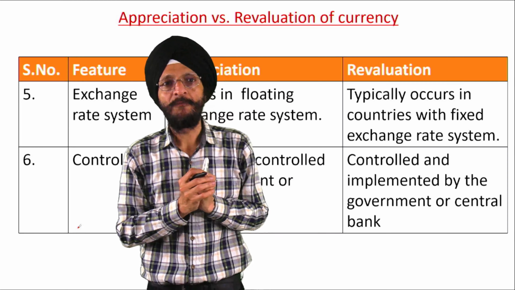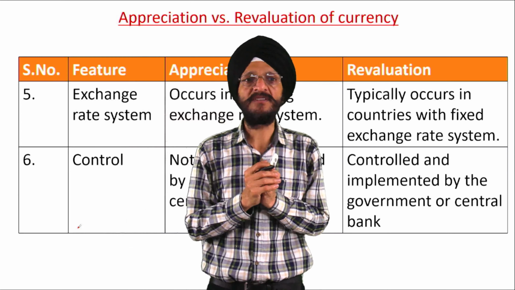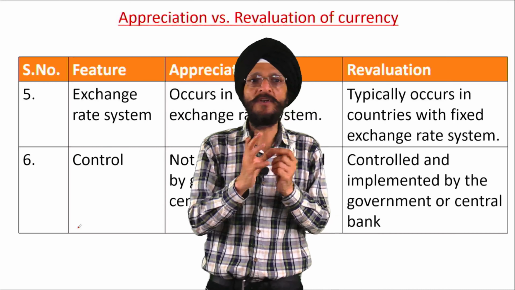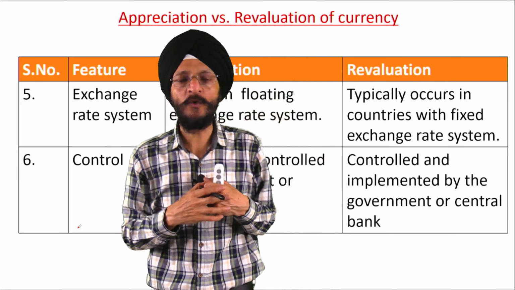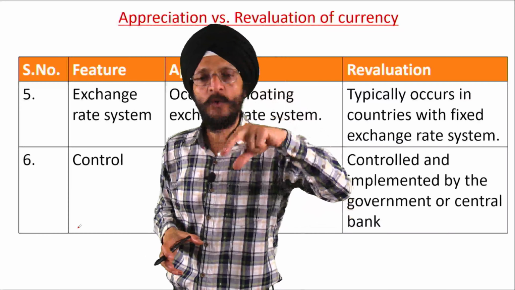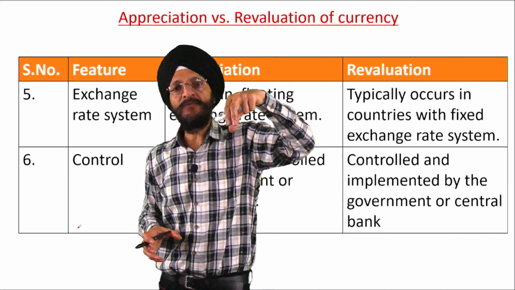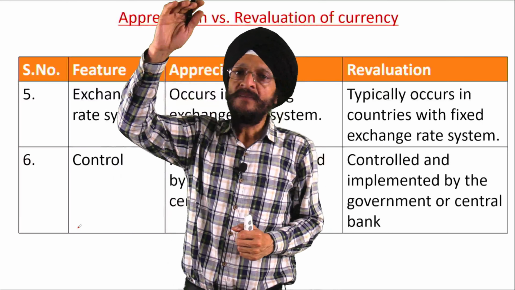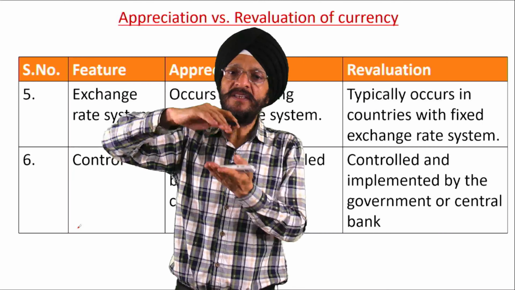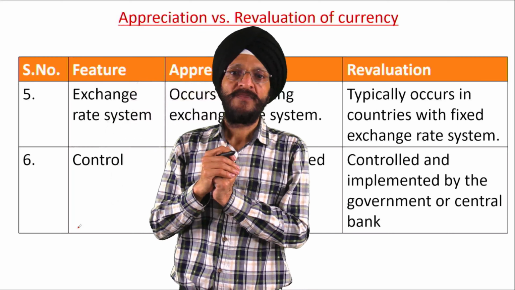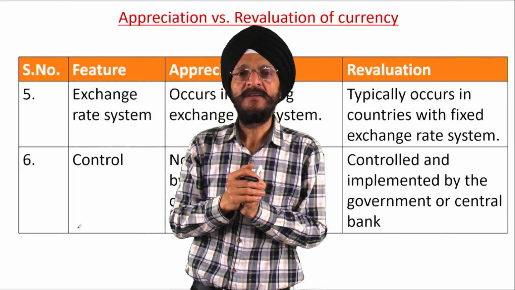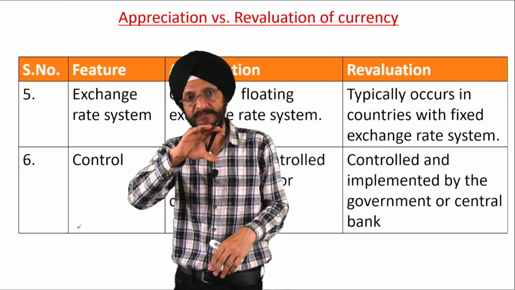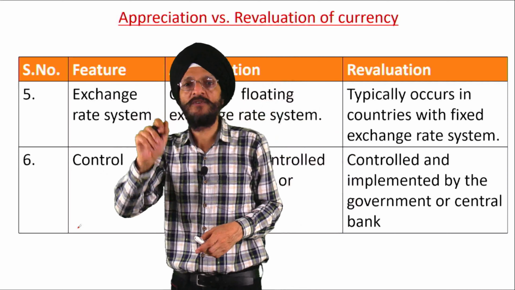Next is control. In the case of currency appreciation, it is not directly controlled by the government or the central bank of the country, because the market forces of demand and supply mostly decide the increase in the currency appreciation. How much increase should be there is decided by the market forces of demand and supply.